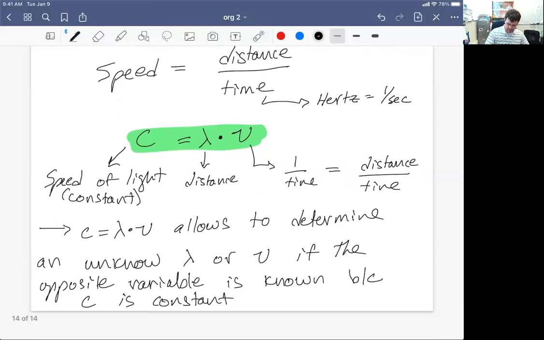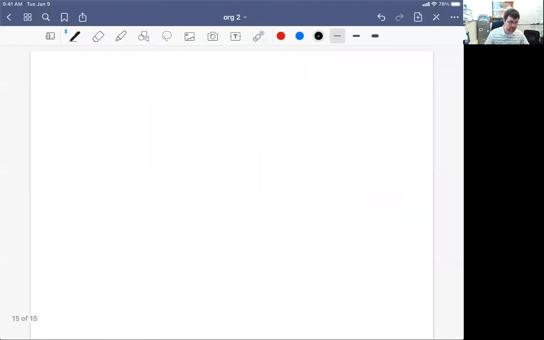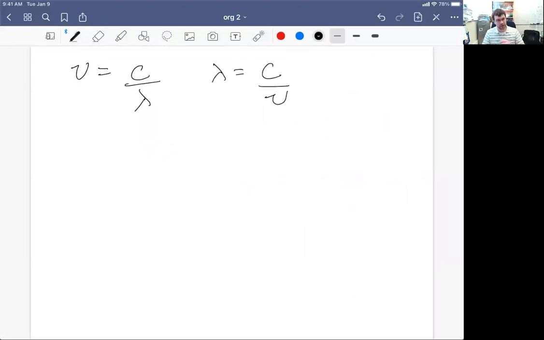That is, turning the page, nu is equal to c over lambda. Conversely, lambda is equal to c over nu. While we typically have frequency in hertz or per seconds, the units for wavelength vary, whatever's convenient to use, but you would just change the number for the speed of light by altering the units, doing a little unit conversion.